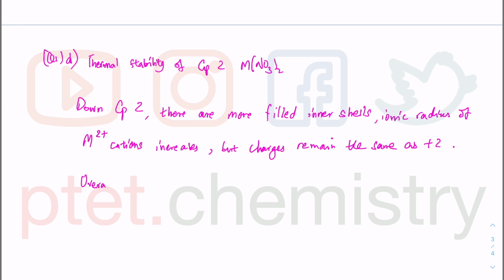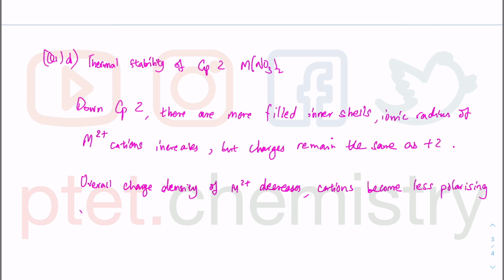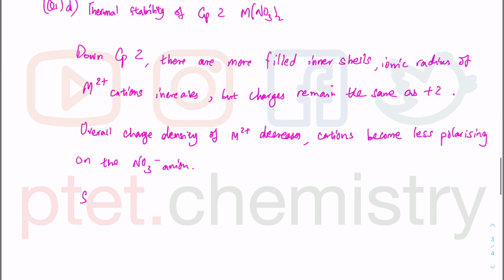So overall charge density, which is charge over volume of the cations, decreases. And because it decreases, the cations become less polarizing on the anion. The anion in this case is the nitrate anion. So the N-O bond, the covalent bond, is less weakened.